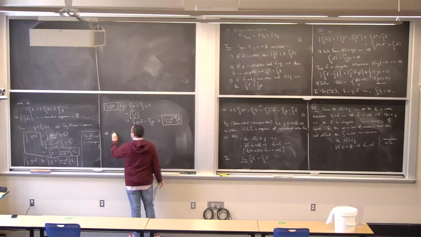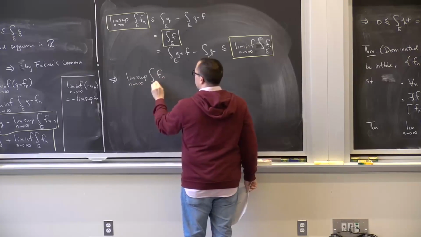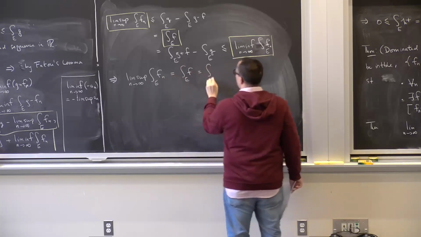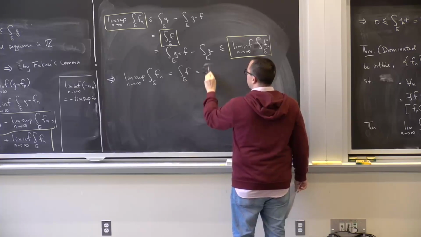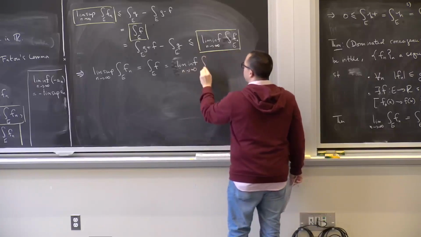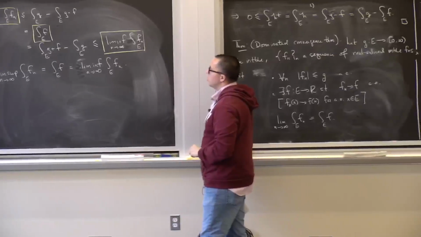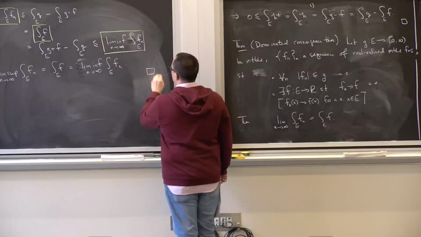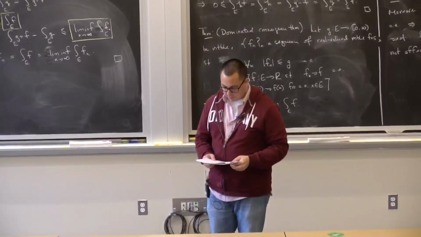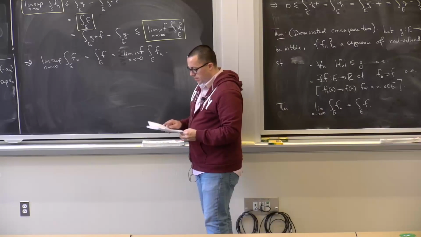The lim sup equals the integral of f equals the lim inf as n goes to infinity of the integrals of fn. And I bet in analysis you thought lim sups and lim infs would never be useful. But they are. Okay? So that is a proof of the dominated convergence theorem.